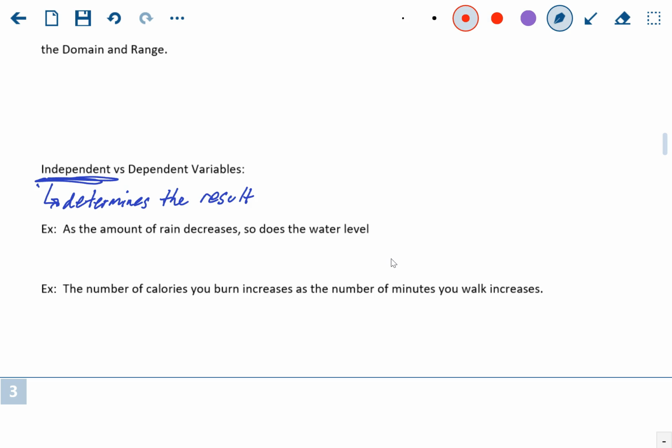And then your dependent variable is the result. So independent determines the result, dependent is the result. The dependent is dependent on the independent variable.